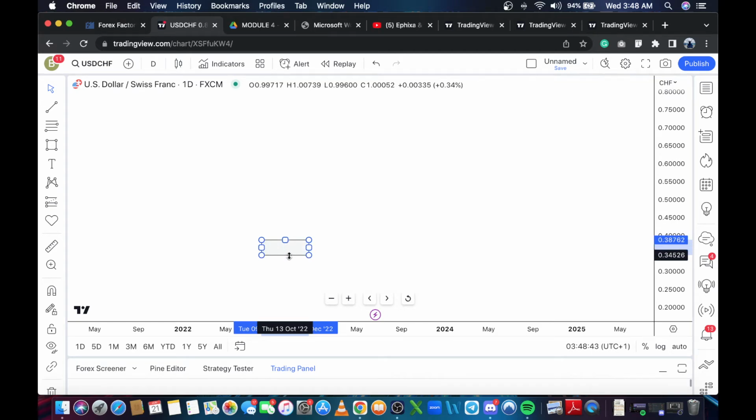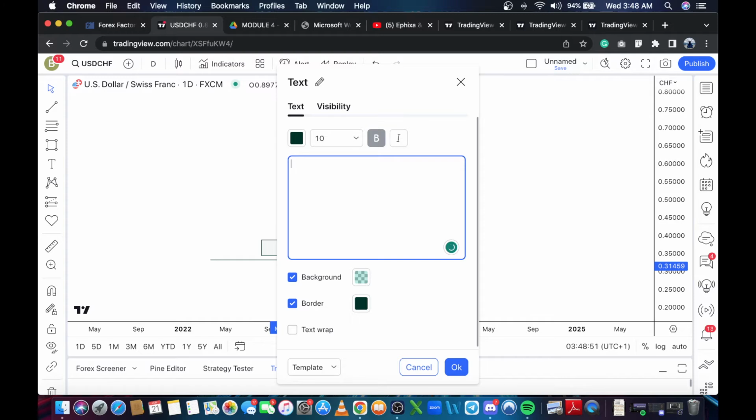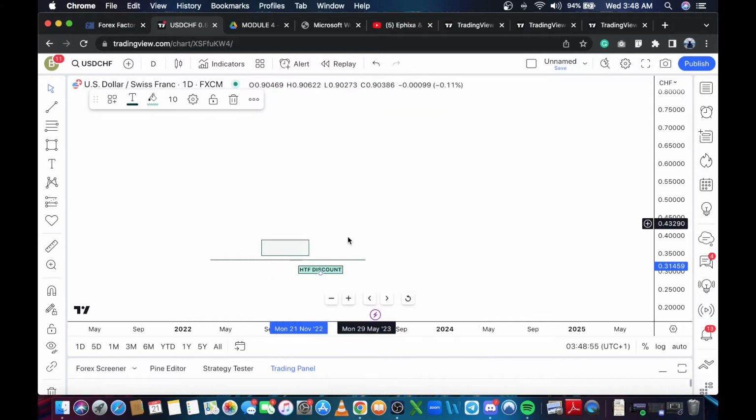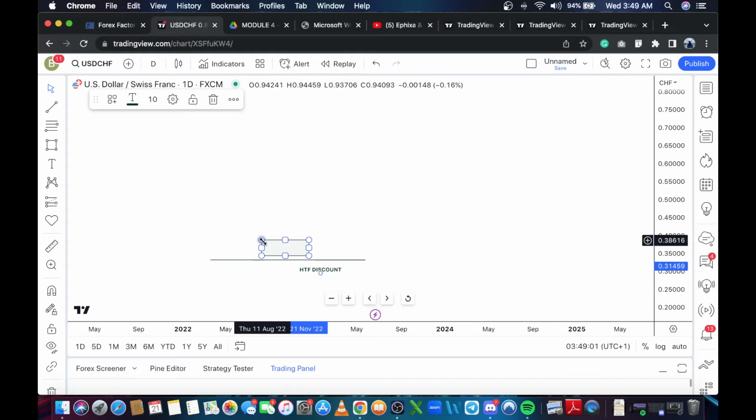This run lower usually is a run to a discount. So this usually is going to be some kind of buy from a higher time frame discount. You have your opening price here, and then the market starts to run lower into that higher time frame discount, and then starts to trade above.